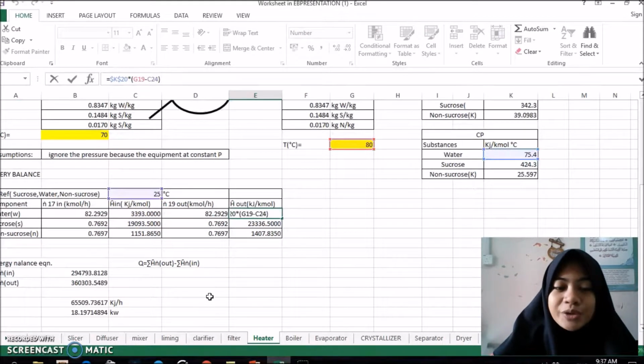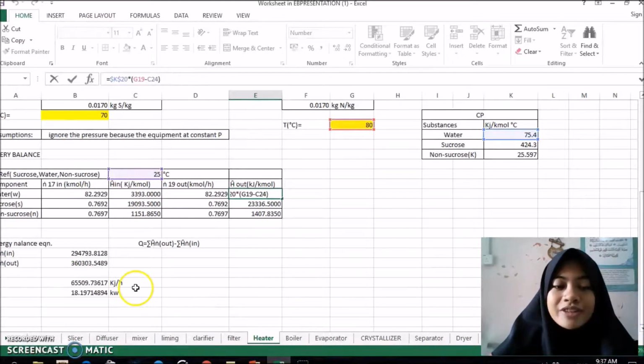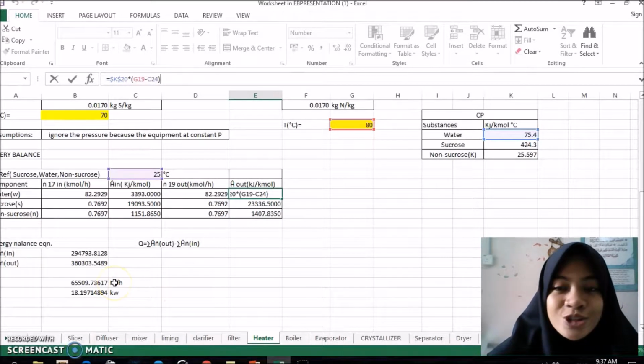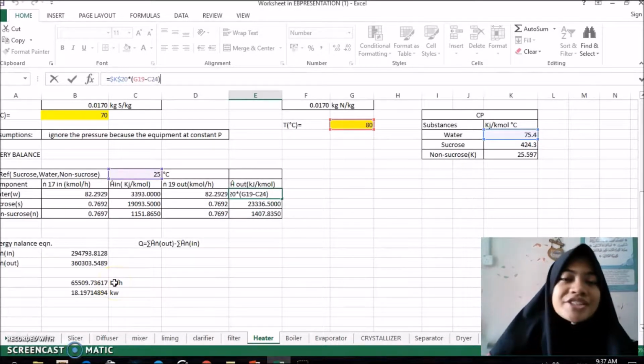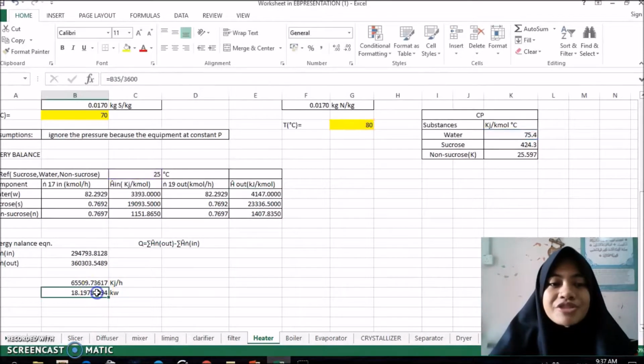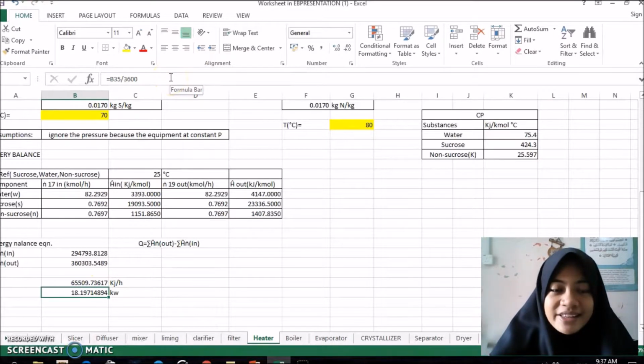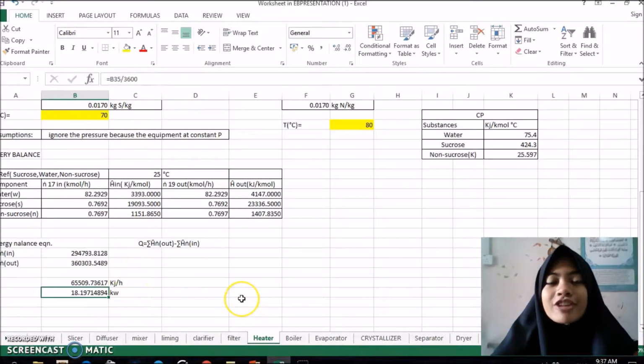So we will get Q. After that we get the value in kilojoule per hour, so we divide by 3,600 seconds to get the unit in kilowatt. Okay, that's all for the heater calculation. Thank you.